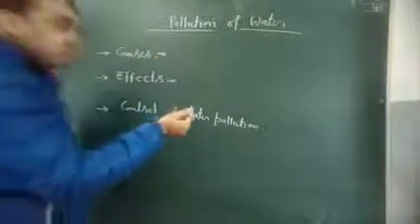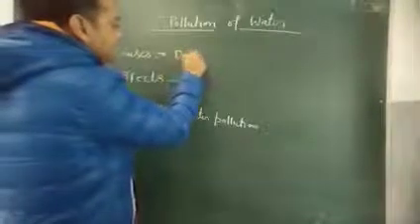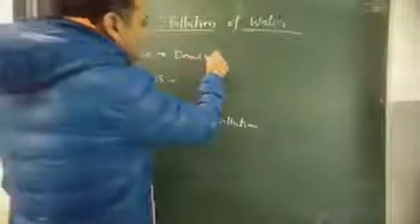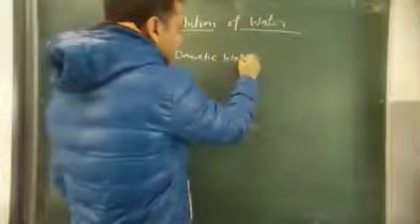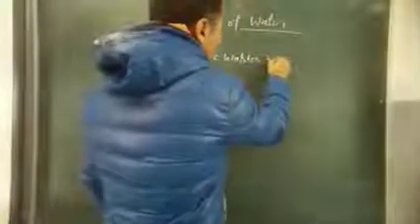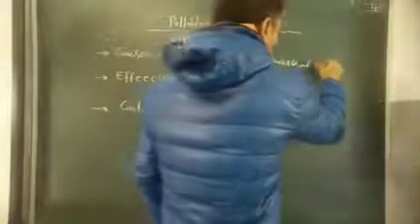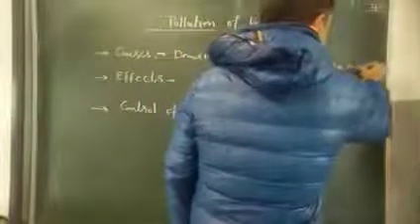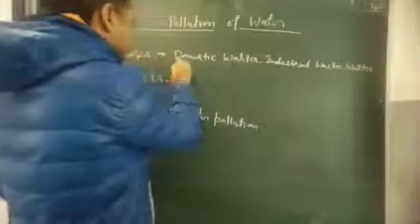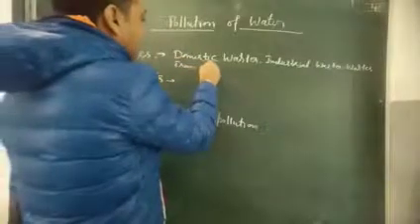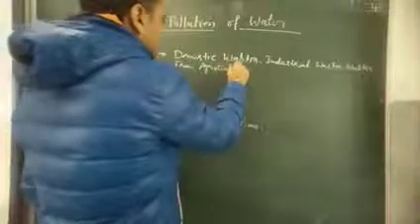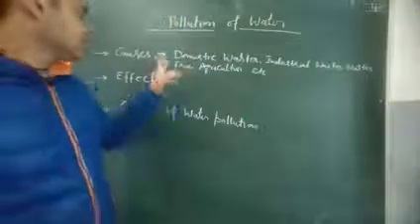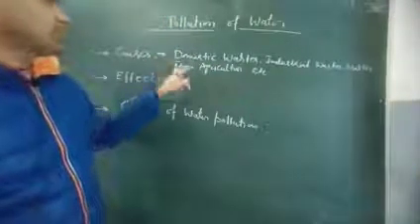Its different causes can be domestic wastes, then industrial waste, and waste from agriculture, etc. So these are the main sources of water pollution.